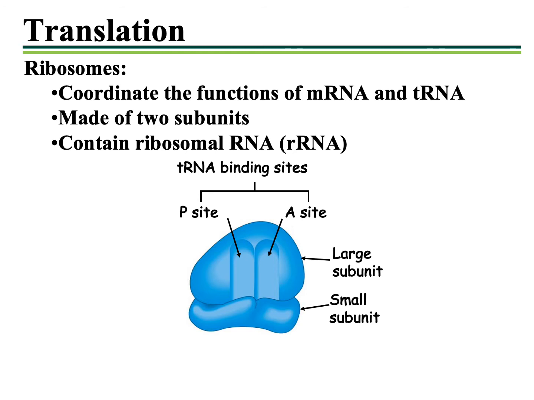Now, what I have yet to mention is that the ribosome itself is made up of numerous proteins. In eukaryotes, there are approximately 80 distinct proteins that make up the ribosome. There are also RNA molecules known as ribosomal RNA, or rRNA, that are functional components of an intact ribosome.